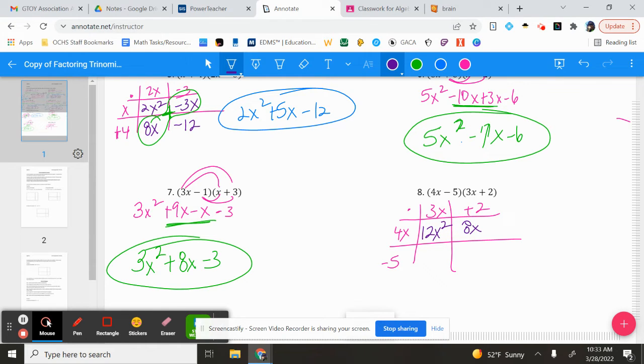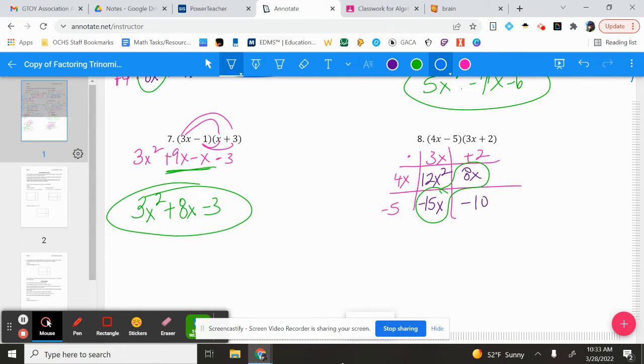Negative 5 times 3x is negative 15x. And negative 5 times 2 is negative 10. Remember to peanut your like terms. And then simplify. So for my final answer here, I will have 12x squared minus 7x minus 10.